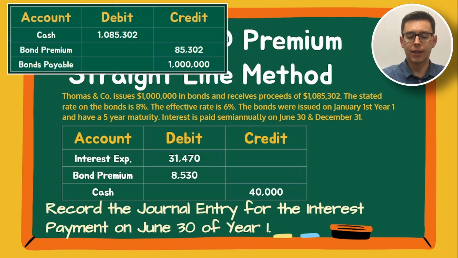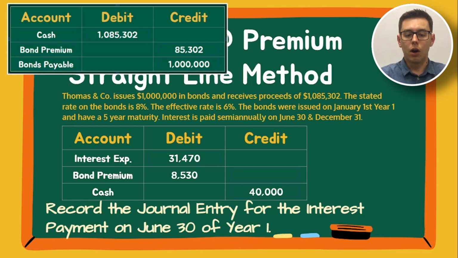So you might be wondering here, why is interest expense not simply the cash payment like when a bond is issued at par? And the reason for this is the bond premium, really. So if we imagine that the interest expense starts at $40,000, we're actually reducing it by the bond premium amount.